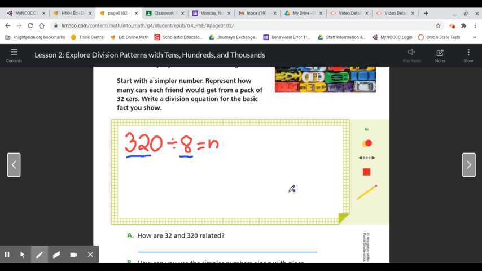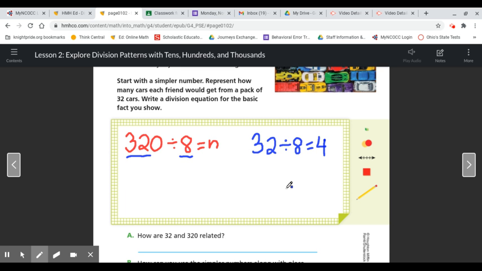Do you see the basic fact in there now? If we were to solve 32 divided by 8, could that help us know the answer? Is 32 divided by 8 a basic fact? It is. 32 divided by 8 is 4.